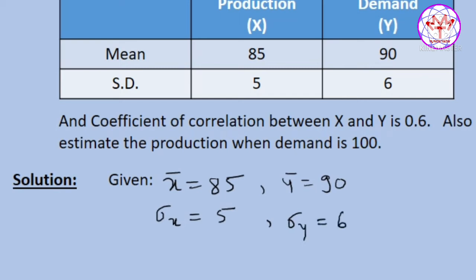The coefficient of correlation r is equal to 0.6. So using this data, we have to find the regression lines of x on y and also of y on x. Let us first find the regression line of y on x.